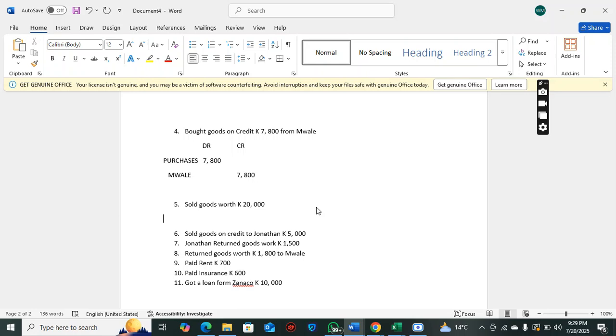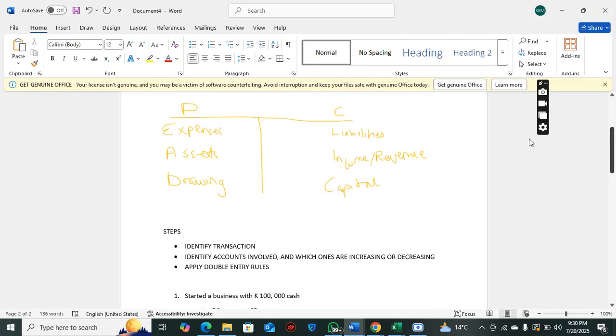All right. We identify which one is increasing and which one is decreasing. In this case, both accounts are increasing. You've made a sale, so money is coming into your business through the cash account. So the cash account is increasing. At the same time, your sales revenue is also increasing. So cash is an asset, increase in an asset, debit.